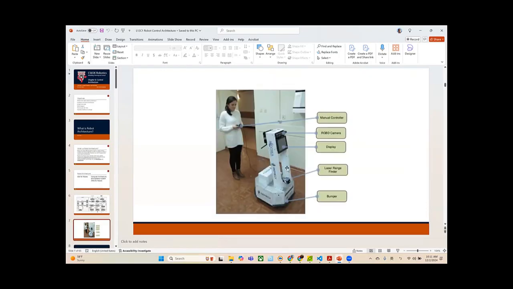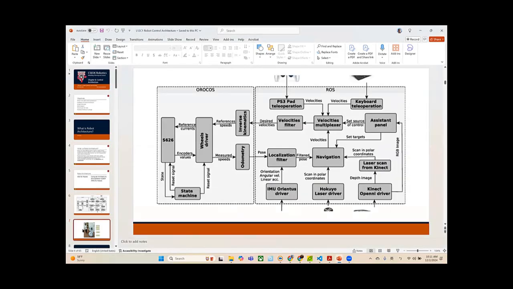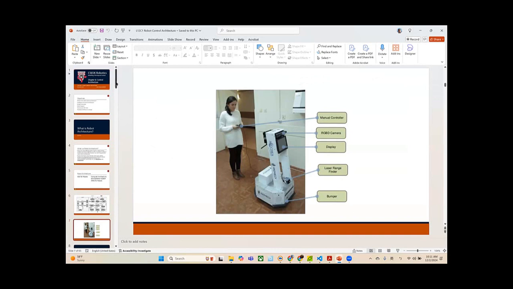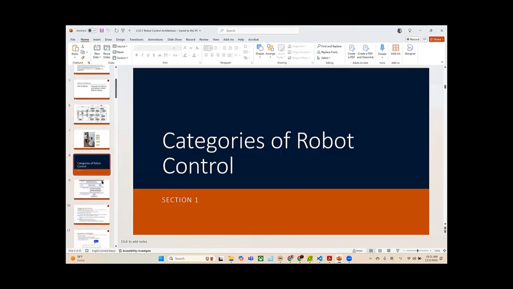So basically, the control architecture is in charge of your manual input, your sensor input, and the movement of the robot as well. Everything related to the robot will be modeled into your computing system, so that your system block will be handling everything. That's actually why we have this control architecture.